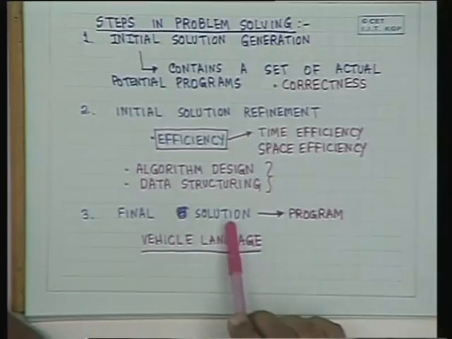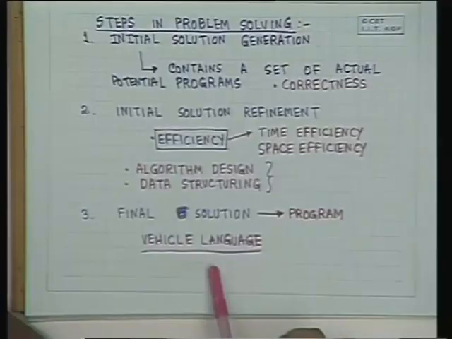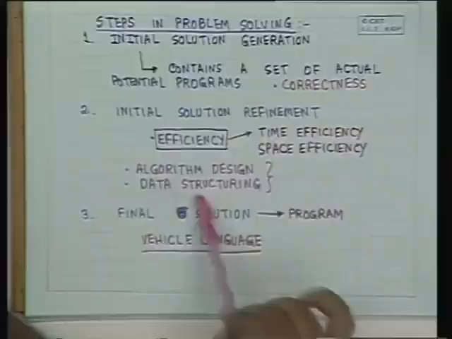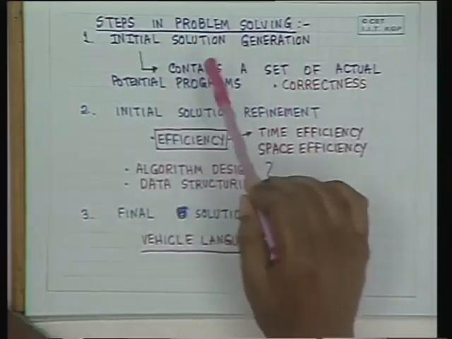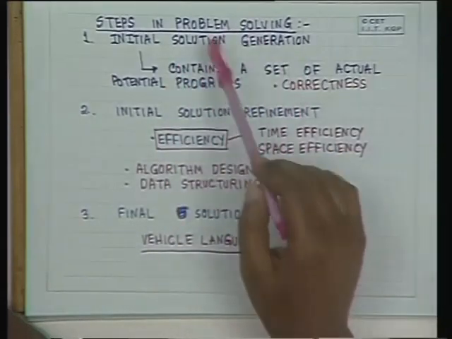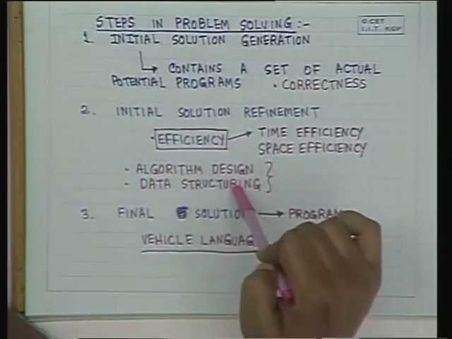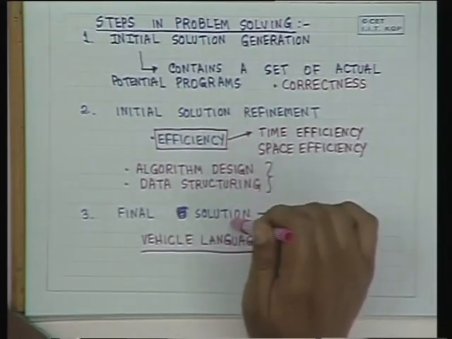Now, given the circumstances that are provided to us, we will be using a vehicle language which is available. Now, among vehicle languages, if you are given a choice, then you will use that language which provides you as much closeness to the pseudocode or the process in which you have written your program, developed your initial solution.